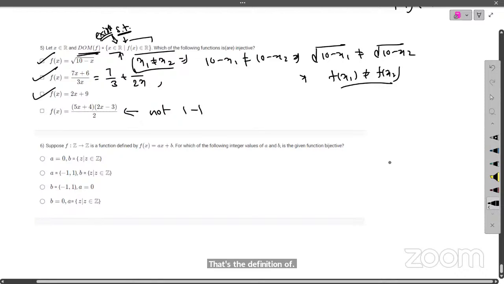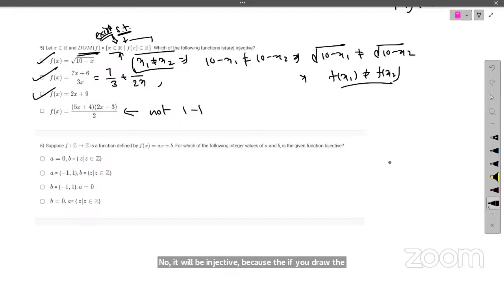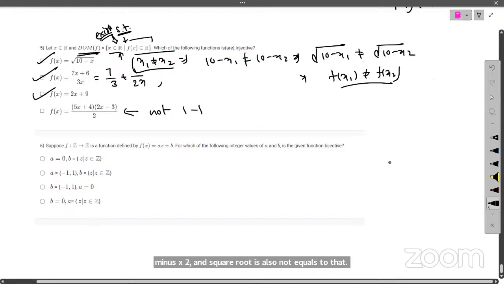Madam, for the first option, since there is root x, it will not be injective, right? No, it will be injective. Here we prove that it is injective: if we take x1 not equal to x2, then 10 minus x1 is not equal to 10 minus x2, and the square root is also not equal. So f(x1) is not equal to f(x2).